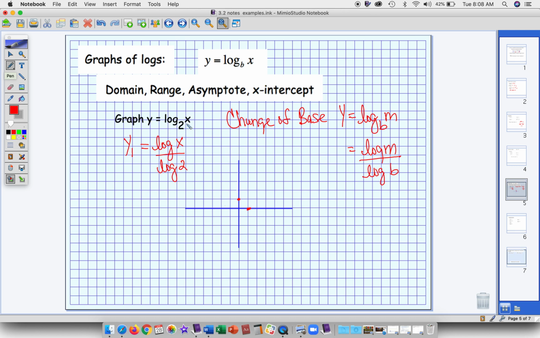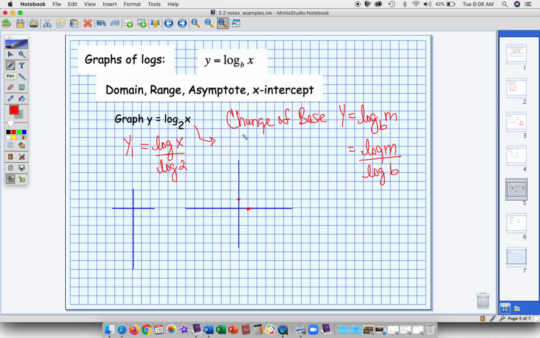And then I could plug in some numbers that would be easy to calculate. You can do one of two things. Plug in numbers for x that are very easy to calculate, meaning they're 2 to some power, right? Or you can set up a chart. Again, you probably really won't need to do this much because you're allowed to use your calculator. But if I were doing this by hand, I would probably rewrite this using my exponential form.